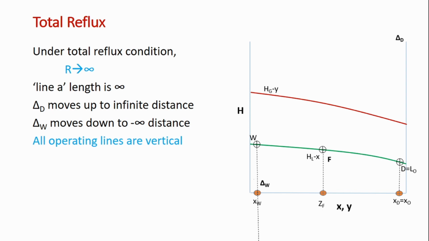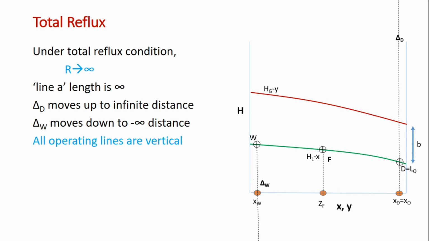Here W, F and D are all saturated liquids. This is B. The reflux ratio is line A by B. In total reflux condition, your reflux ratio is infinity. So B is fixed, so A is infinity, right?